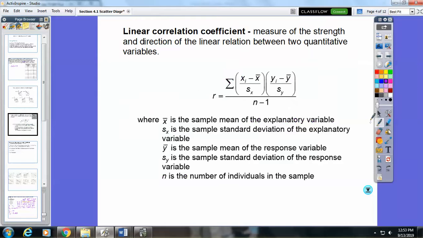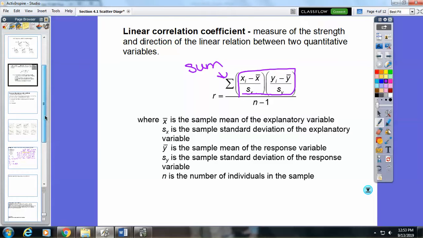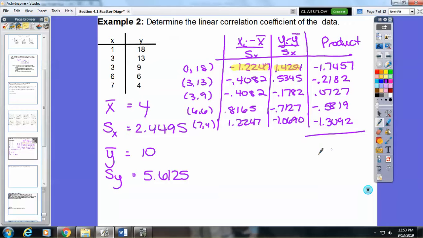So remember, we are looking at this correlation coefficient. We have done the product part. What does this formula mean? We're going to add them all together and divide by n minus 1. Yes, it's very similar.